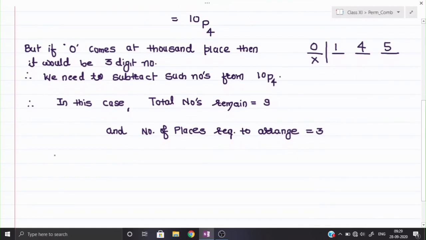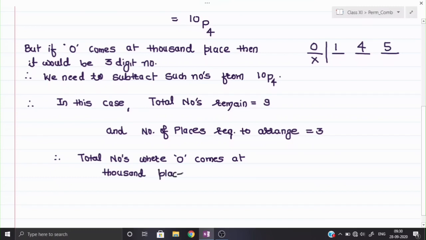So we can say that therefore the total number where 0 comes at the 1000th place is equal to, we apply the same formula nPr.